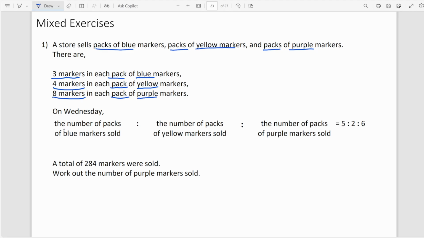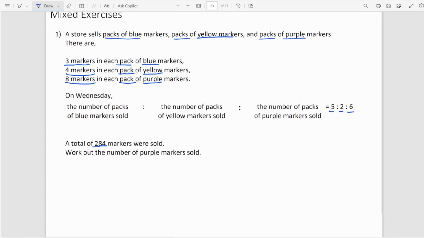On Wednesday, the number of packs of blue markers sold to the number of packs of yellow markers sold to the number of packs of purple was 5 to 2 to 6. A total of 284 markers were sold. Work out the number of purple markers sold.